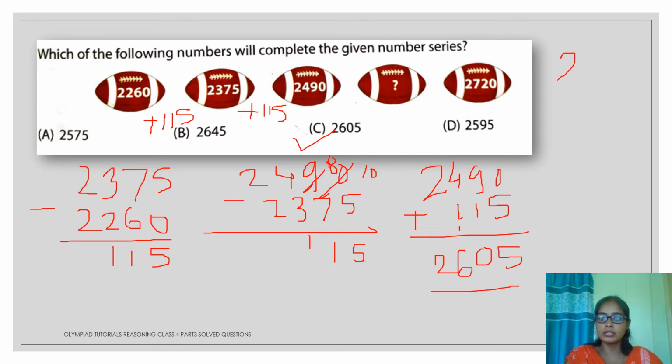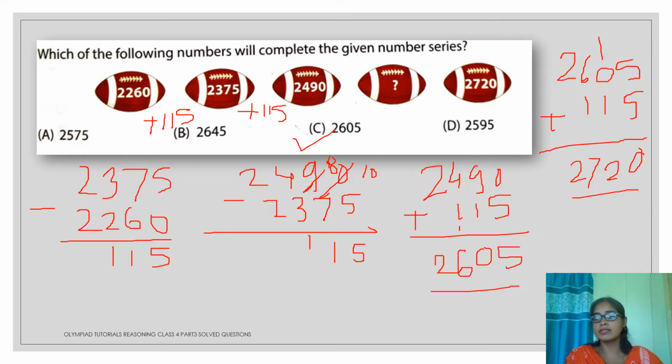If we add 115 to 2605, we get 2720, which is the last number. So our option C is absolutely correct. Very simple question.